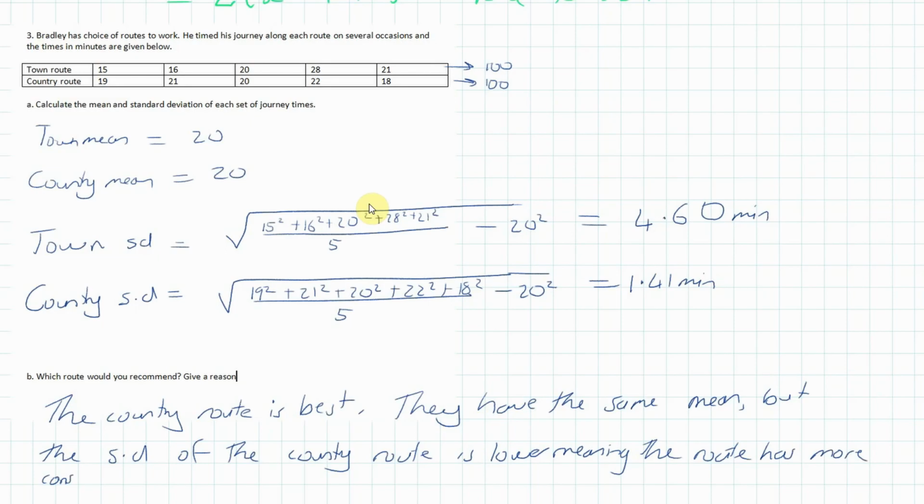Consistent times. Okay, and that'd probably be something like that they're looking for, I think. It's less variable, the country route.